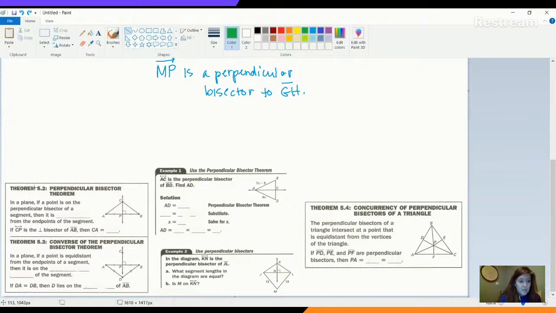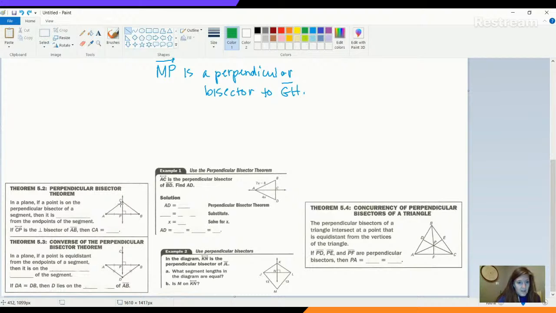So just to make sure that we've got it from your notes, theorem 5.2 is the perpendicular bisector theorem. And it says, in a plane, if a point is on the perpendicular bisector, so this is the perpendicular bisector, right? CP is the perpendicular bisector because it divided AB into 2, it's bisected, it's 2 equal segments, and it's at 90 degrees.